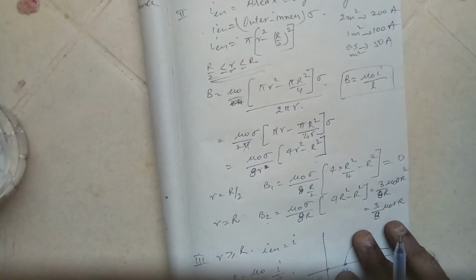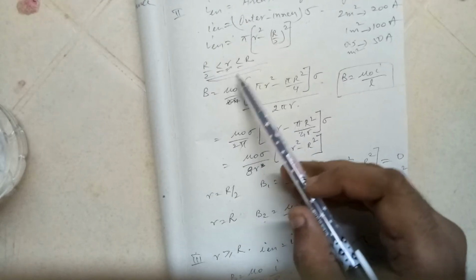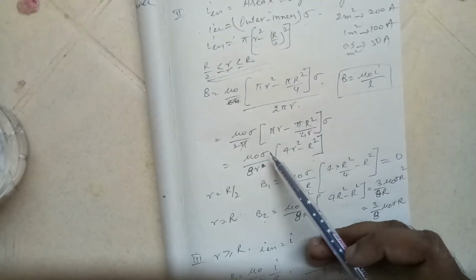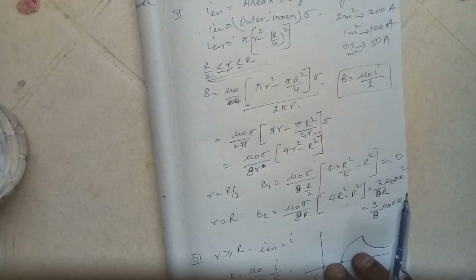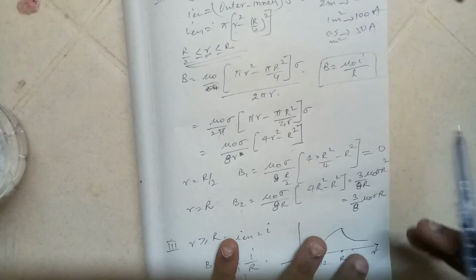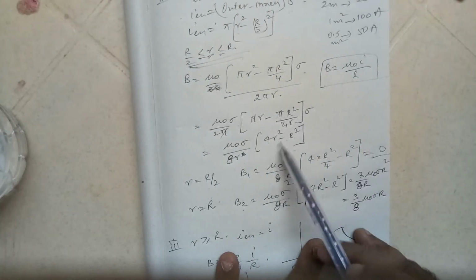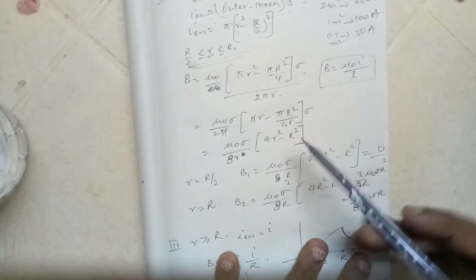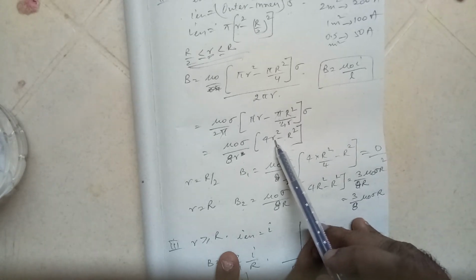So here if I put this small r value as R by 2, I will get exactly the inner surface of the hollow cylinder, and that value is found to be 0. How? In this expression I have simplified this. Put small r equal to R by 2.